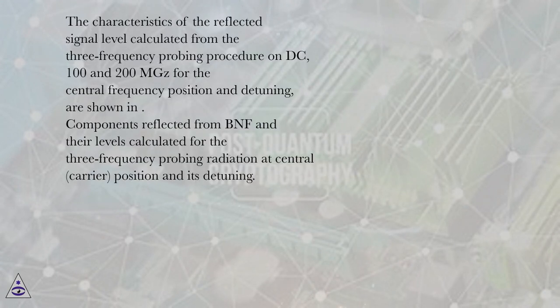The characteristics of the reflected signal level calculated from the 3-frequency probing procedure on DC, 100 and 200 MHz for the central frequency position and detuning are shown, with components reflected from BNF and their levels calculated for the 3-frequency probing radiation at the central, carrier, position and its detuning.